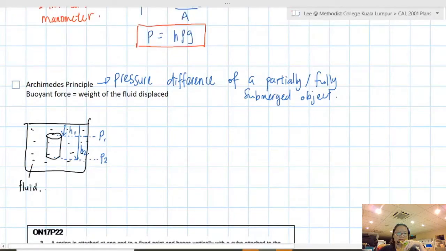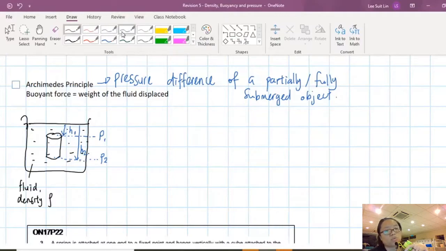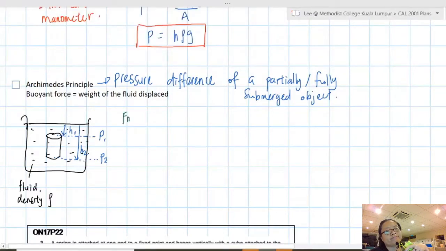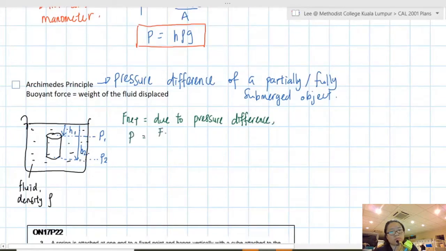So let's say h1 from the top of the cylinder, h2 at the bottom of the cylinder, and you have a fluid with density rho. So you know that this net force, the buoyant force that helps you float the object, is due to the pressure difference between P1 and P2.